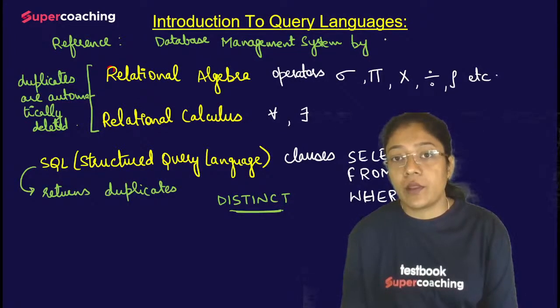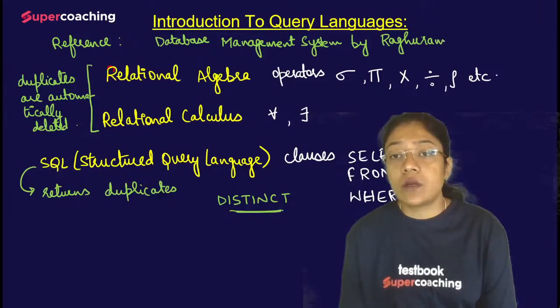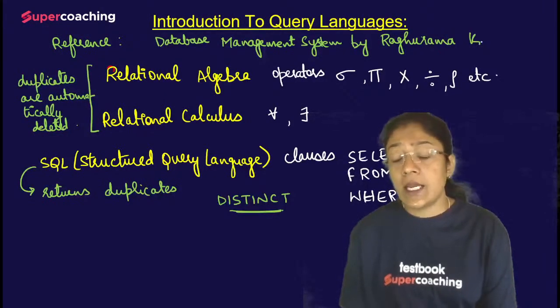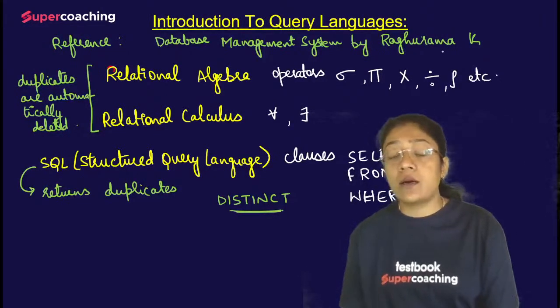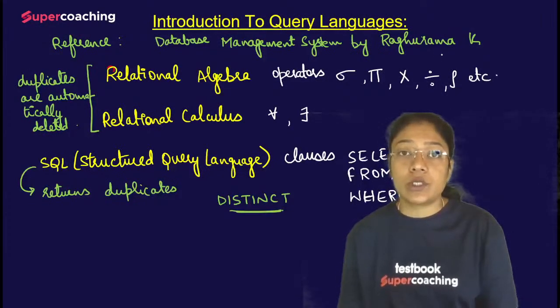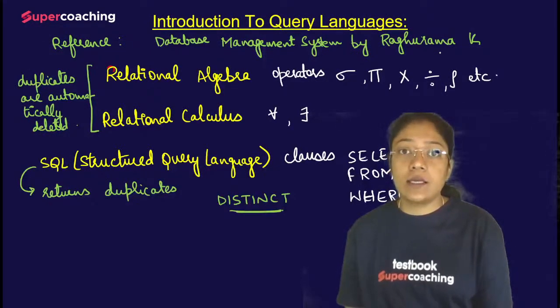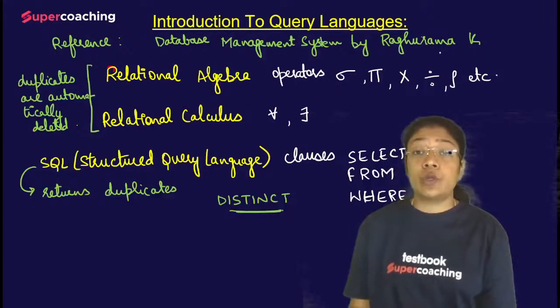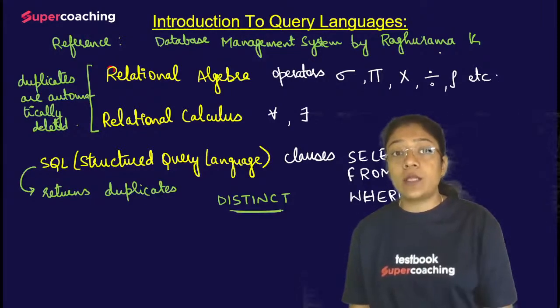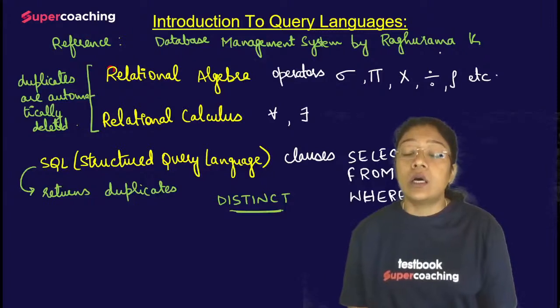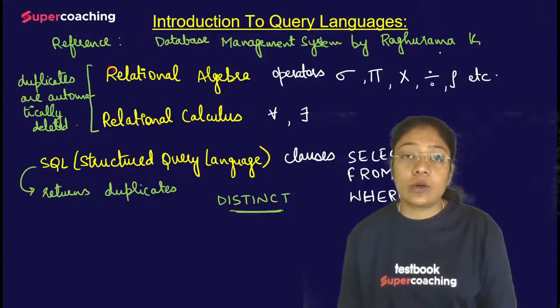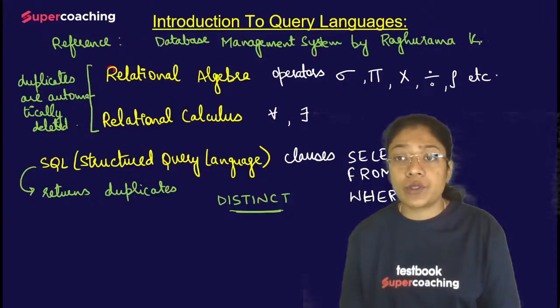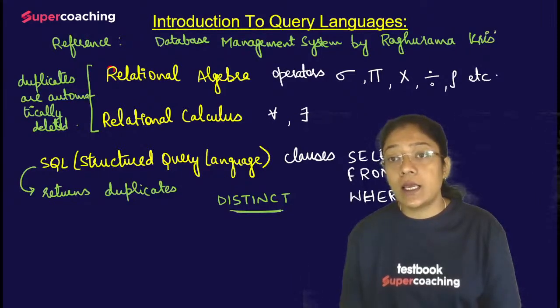This is a really good book which covers the concepts of query languages in a well structured manner, and there are enough exercise questions, up to the GATE level. So if you have solved the exercises of relational algebra, relational calculus, and SQL from Raghu Ramakrishnan, you need not worry in the exam.